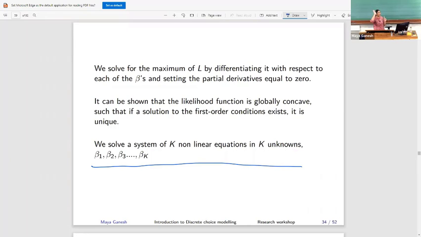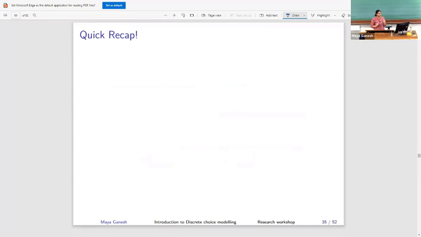Then we used the classical approach to consumer theory, and we saw how that gave birth to discrete choice theory, right? Then we said that it's useful to partition that utility into a systematic component which is observable, and a component which is not observable by the analyst, which we called the disturbance or the error or the random component.